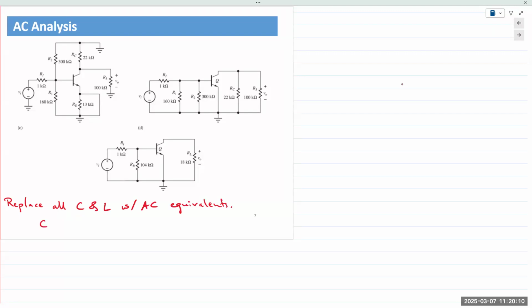So capacitor behaves like a short circuit. Inductors behave like an open circuit. Now, we are not talking about the frequency range just yet. Again, the point is that if we wished to have a circuit working at a particular operating frequency, then we would choose the value of the capacitor or the inductor so that it would behave as a short or open circuit. Does that make sense to everyone?